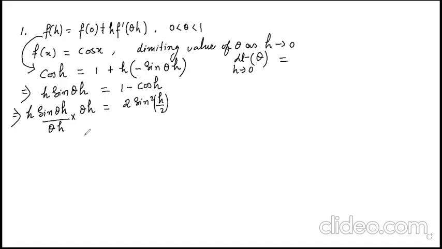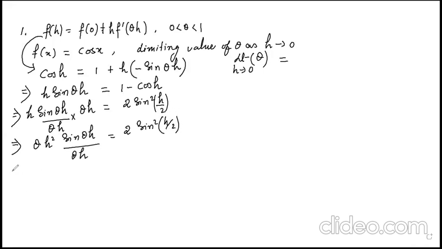So it becomes theta h into h, that is h square, sin theta h divided by theta h, and the right hand side remains as it is, 2 sin square h by 2.